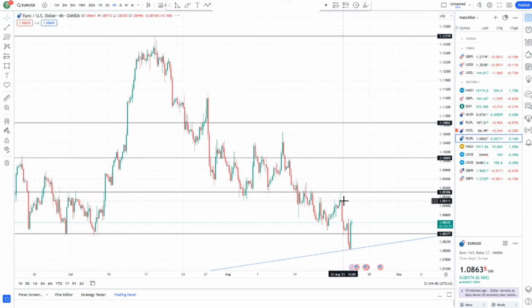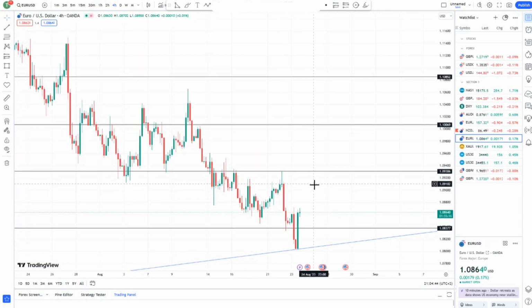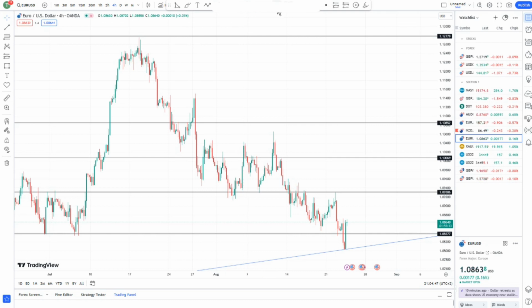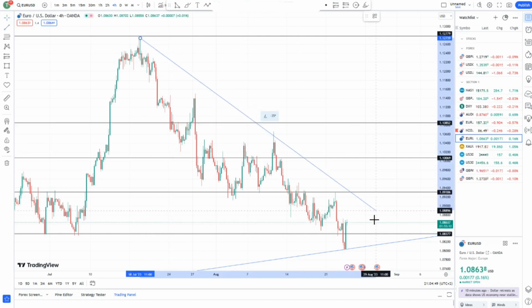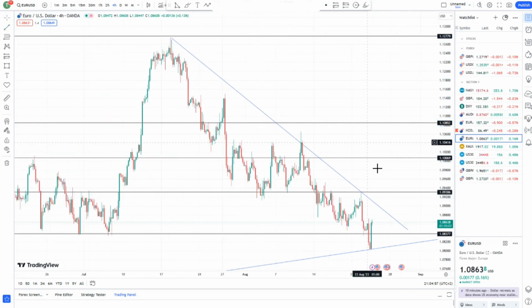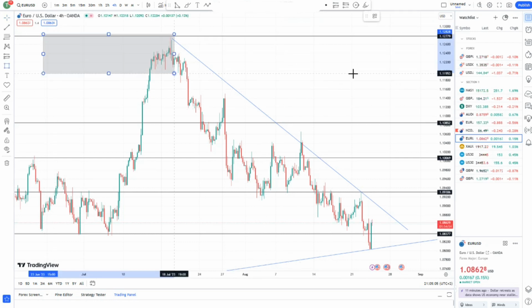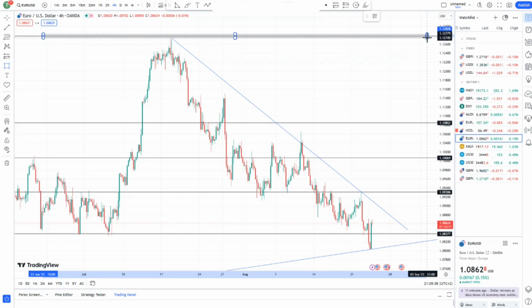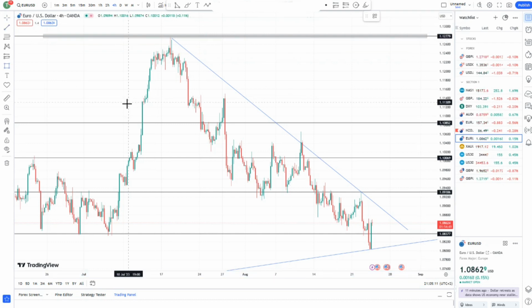Don't want to make this video too long, but it is going to be a long video. So now you can already spot this resisting trend line right here. You can see that nice resisting trend line. So now, first thing is that I zone out my key levels.